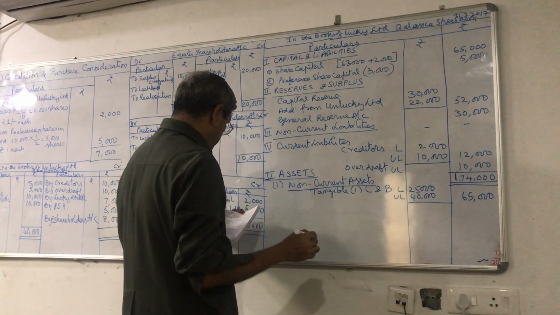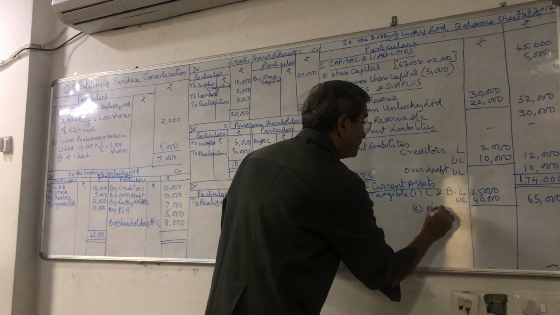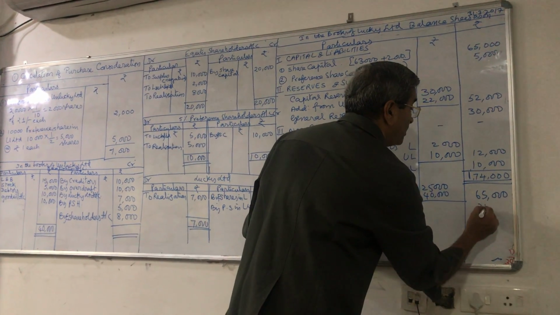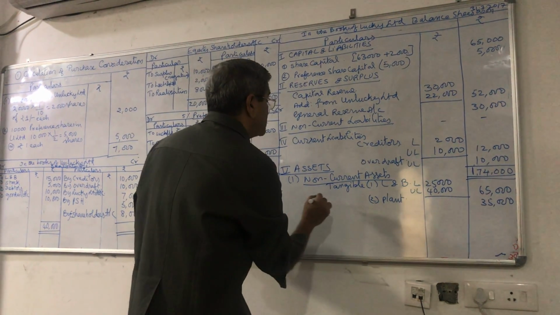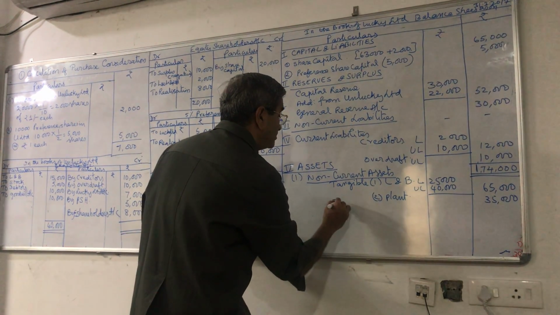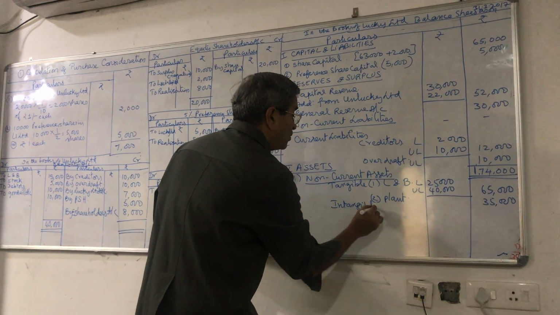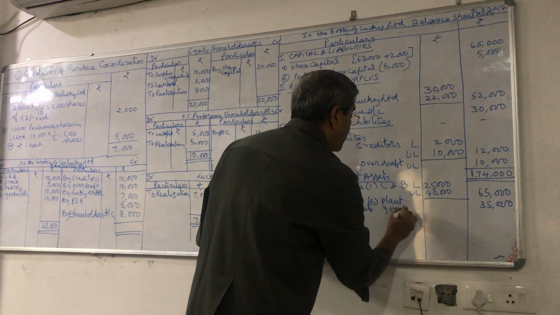Then you have plant. You have plant only in the Lucky Limited, 35,000. Then intangible assets. You will take only the goodwill of Lucky Limited.